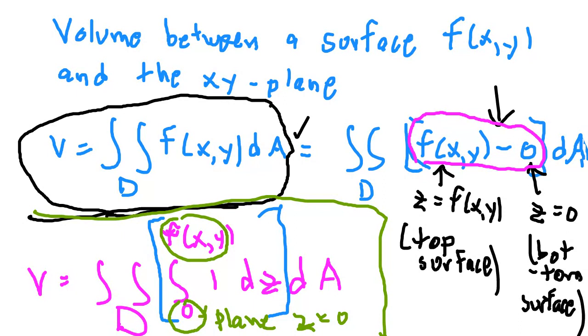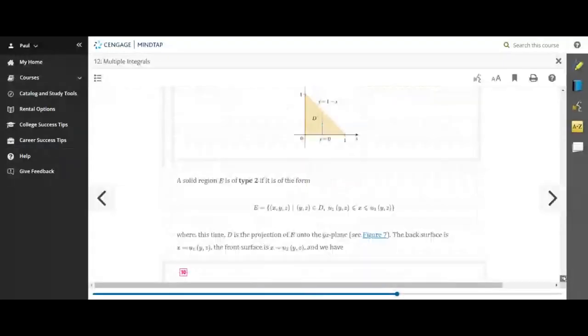But we could have a different function, a different surface below. So we can be very general in terms of our volumes with the triple integral. It gives us some flexibility.